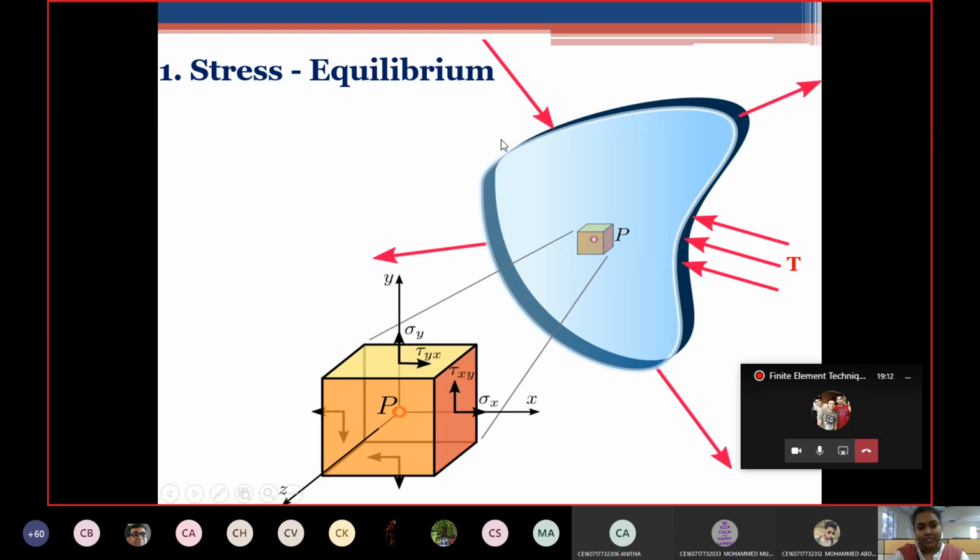Now, that stress equilibrium equations we are going to consider in finite elements so that we can derive how the nodes or the member is going to react when it is subjected to any specific load. Please let me know if there is any lag or blurriness in the screen. You can raise your hand. Alauddin sir will allow you to talk. All right, now let's go forward.